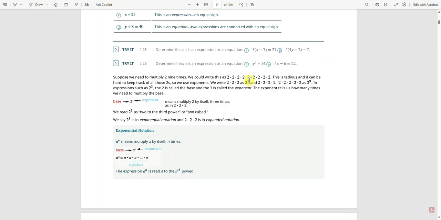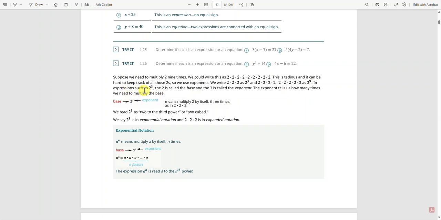We'll learn about that in just a bit. But you can see how this expression here, 2 times 2 times 2, is written in this way. And when we want to multiply 2 9 times, we can write it out like that with all these 2's, or we could just write 2 taken 9 times with 9 written as an exponent.